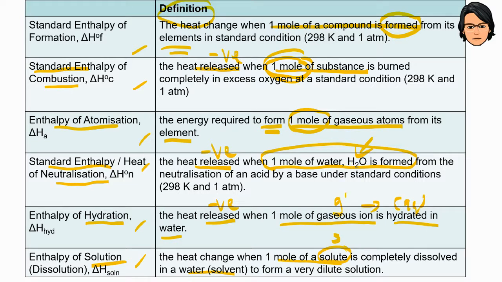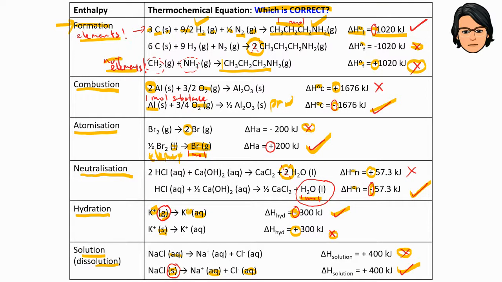And you must also remember the phase for each enthalpy. For example, if solution, it must be solid to aqueous. If hydration, it must be gas to aqueous ion. So there are many things that you have to be careful about when you write down the thermochemical equation. That's all for this part.